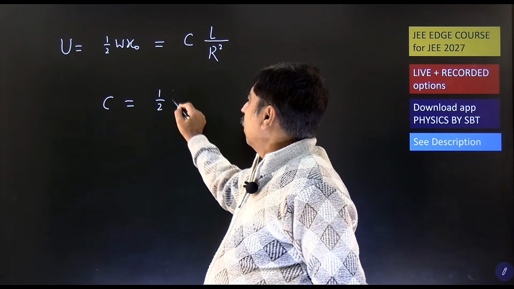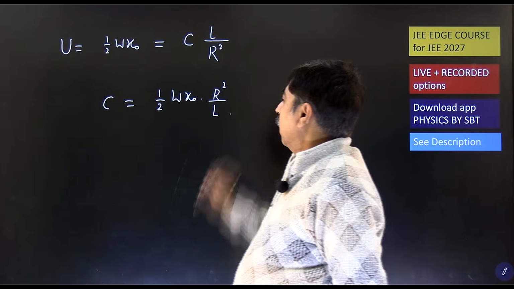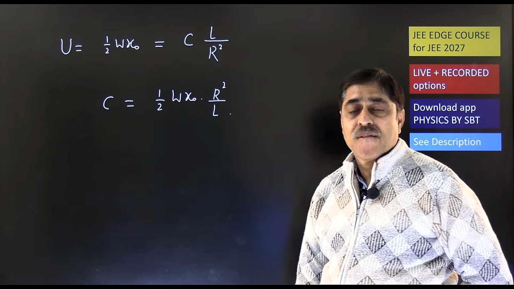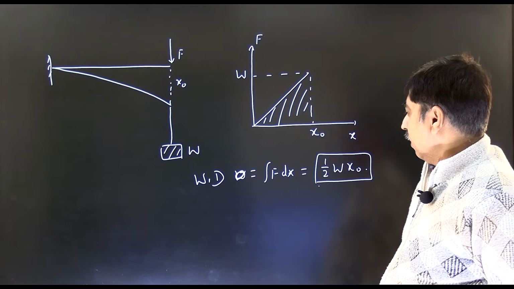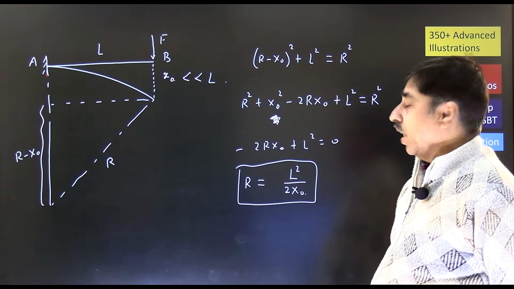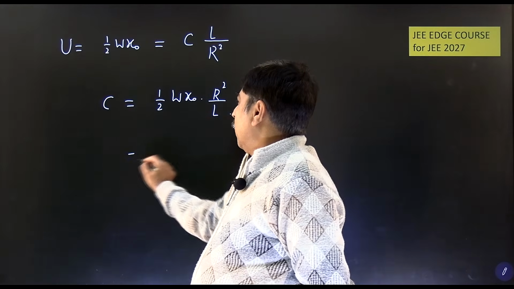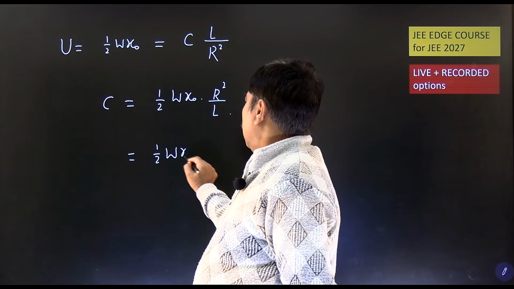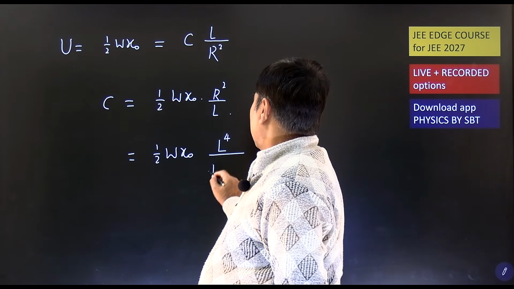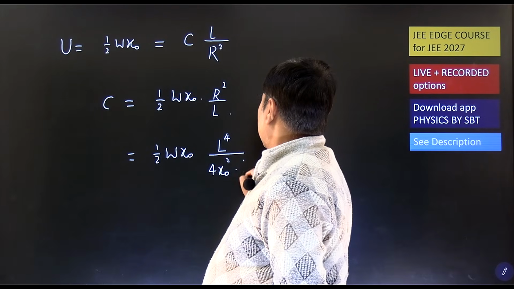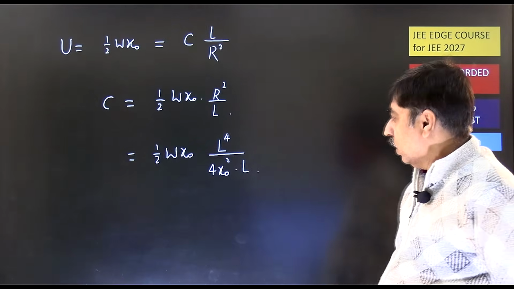C is half W x naught R square by L. Do we know the value of R? Yes, we just calculated it to be L square by 2x naught. So, substitute L square by 2x naught. If you put R is equal to L square by 2x naught.